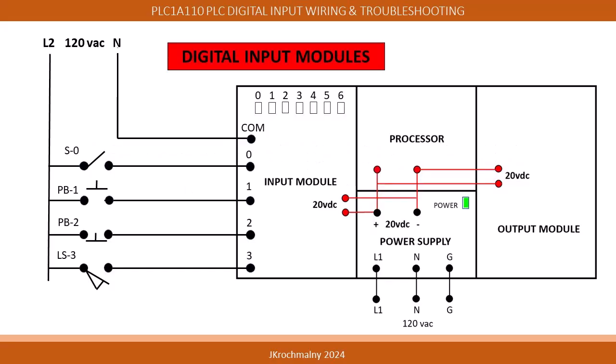Let's consider first the PLC digital input terminations. Digital inputs are those whose logic consists of 2 and only 2 states of condition. As indicated in this graphic, switches identified as S0, PB1, PB2, and LS3 only have 2 positions. They are either opened or closed, depending upon sense condition.